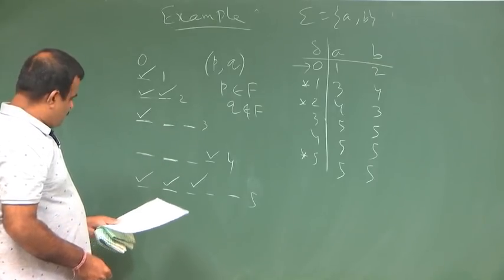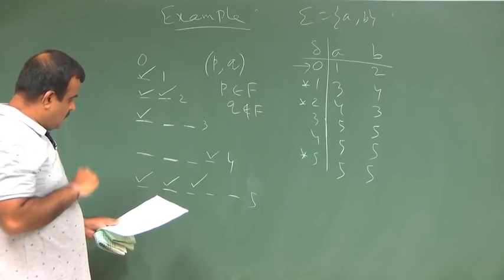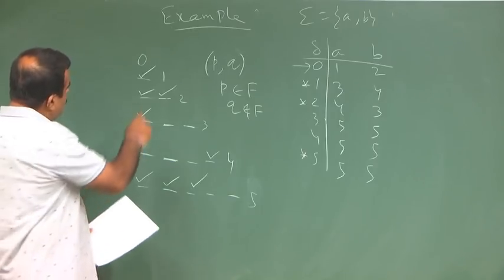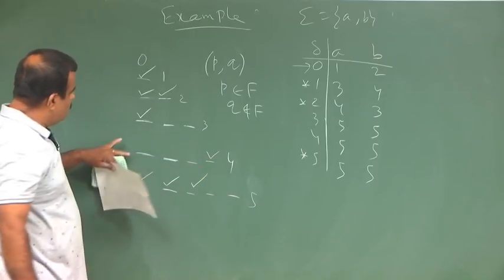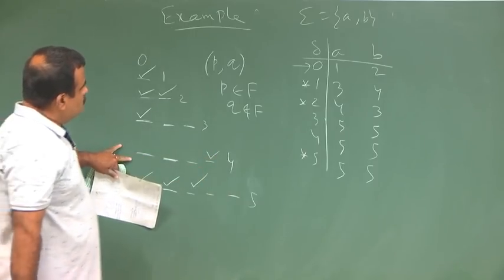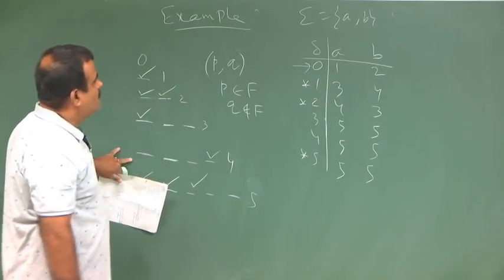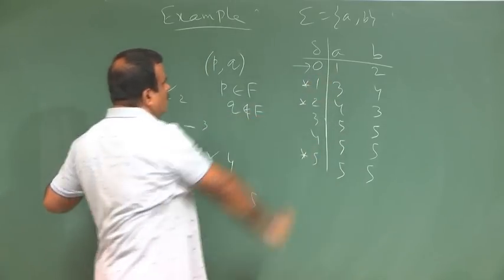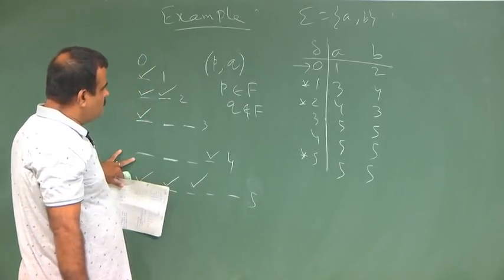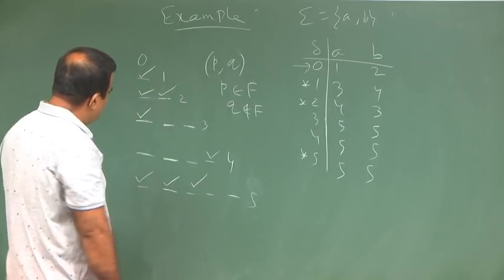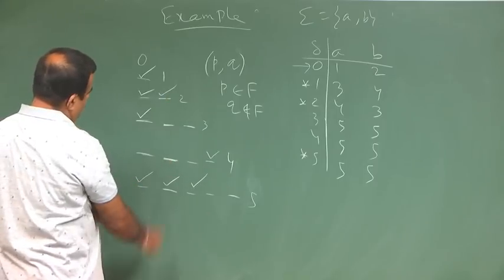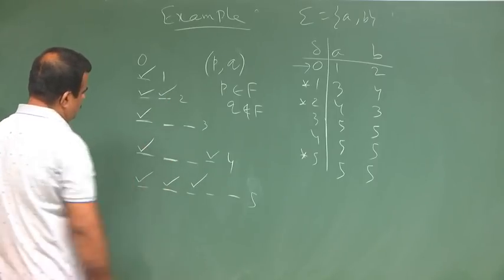Then we have 0 4. For 0 4 what do we do? If we take a, 0 is going to 1, and if we take a with 4 it is going to 5. 1 5 is marked. So, this will also be marked.